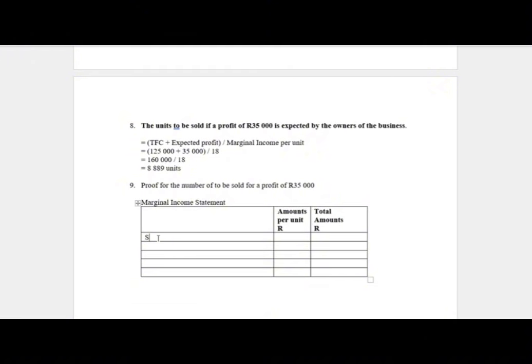Our marginal income statement formula is sales, less cost of sales, and then you get marginal income, and then you're going to less total fixed cost, and then you get net profit.